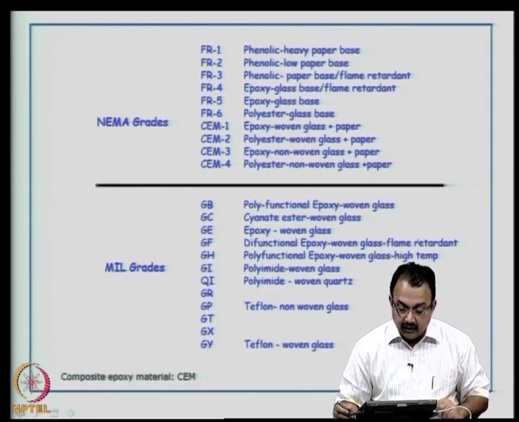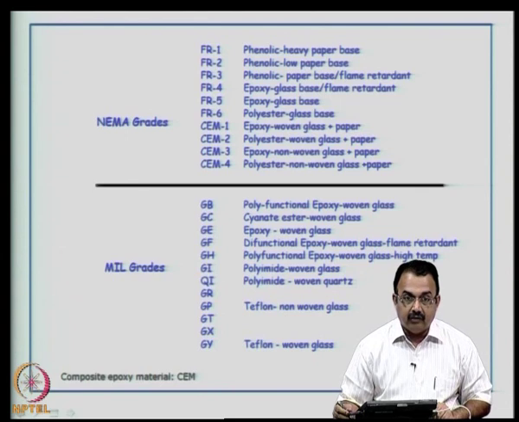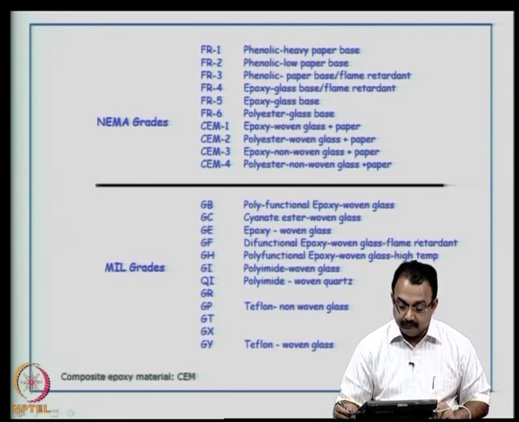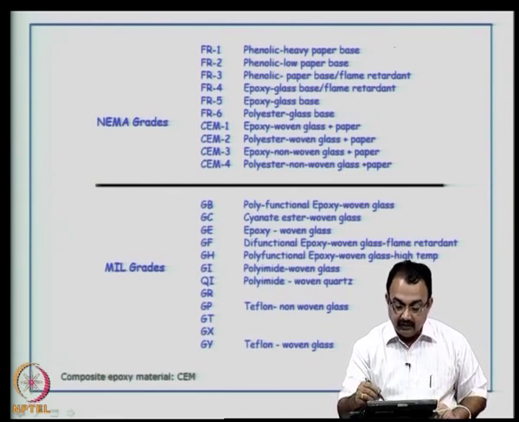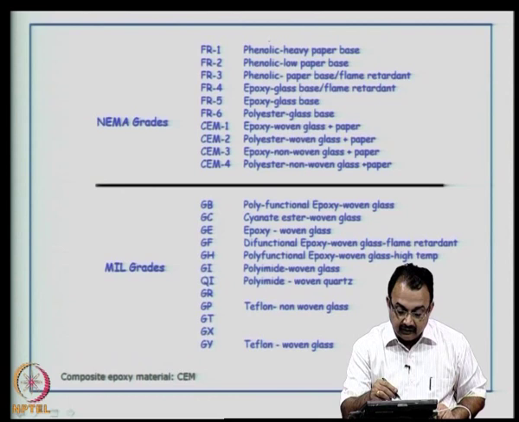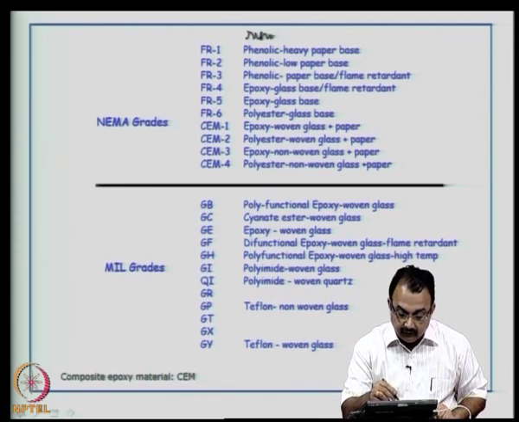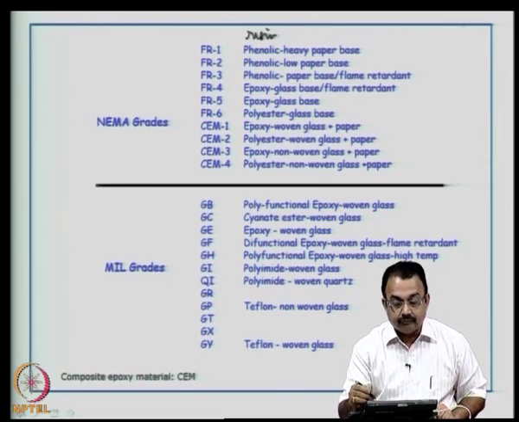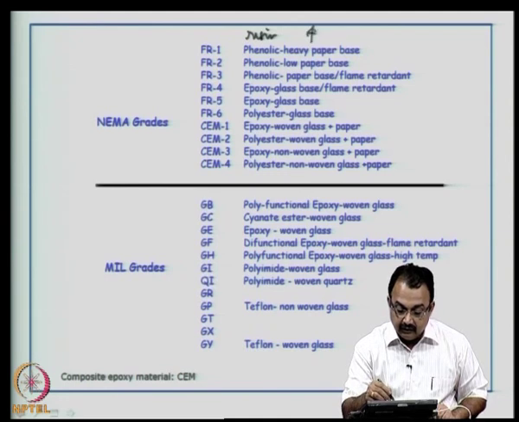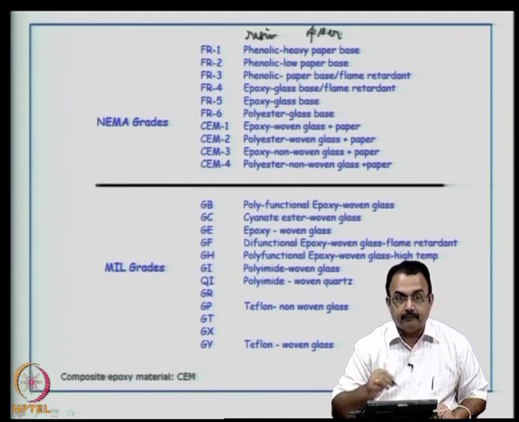NEMA grades are commonly known as FR1, FR2, 3, 4, 5 and 6. Now, we will see what FR1 is. FR1 is a phenolic heavy paper base. So, here you can easily identify that the resin is phenolic based, okay, and the filler is paper based.